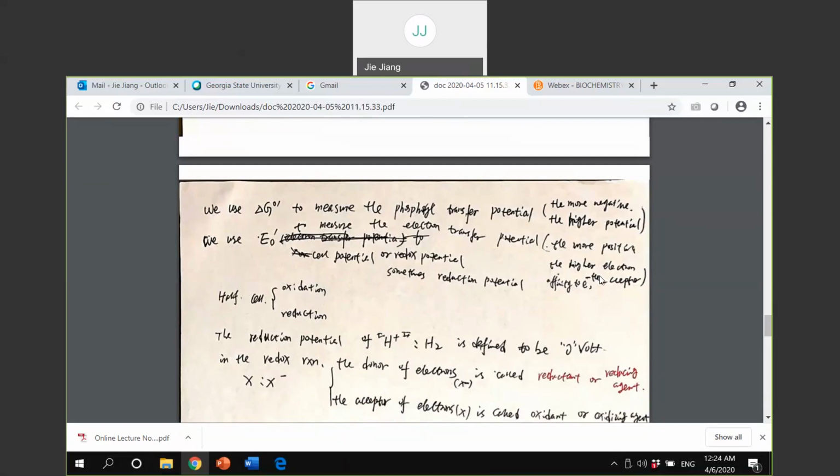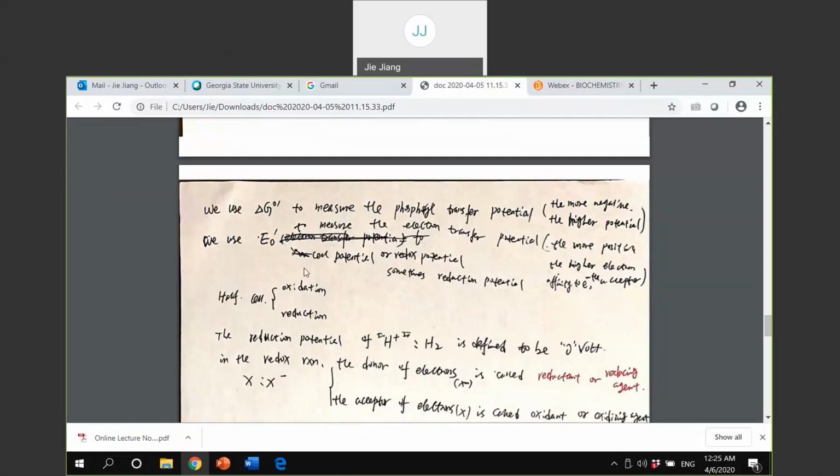So basically for the cell potential, you have to consider two half reactions, a half oxidation reaction and a half reduction reaction. That means for the cell potential, you have to consider electron transfers. And that is exactly what happens in oxidative phosphorylation. You have electron transfer.